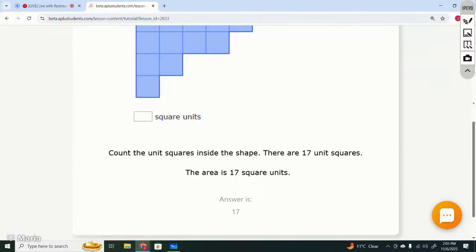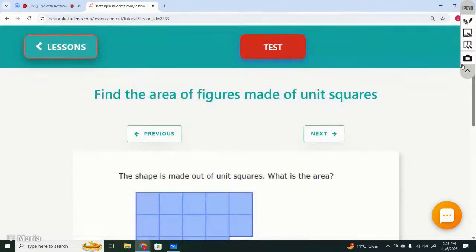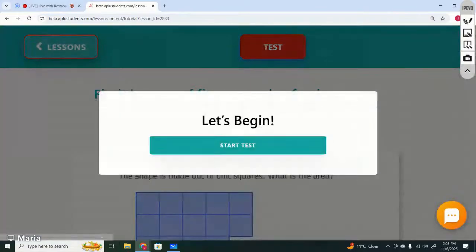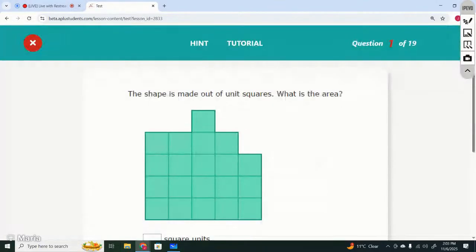Okay, let's just start with the test question. The shape is made out of unit squares.